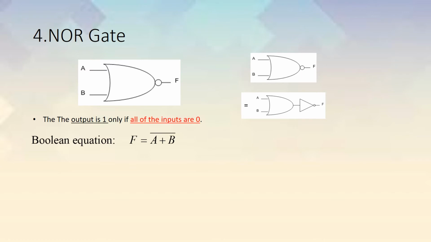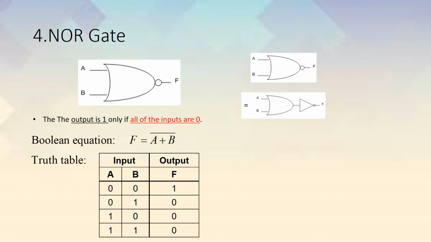So the Boolean equation is F equals A plus B, all bar. Based on the truth table, we also get 4 possible input values.